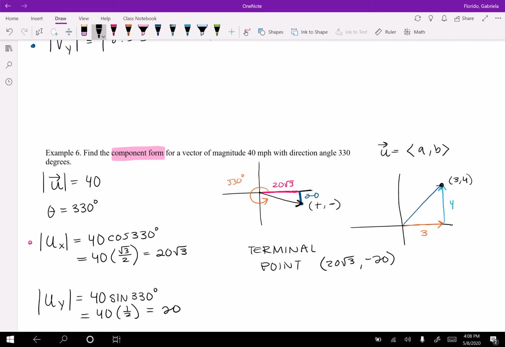And the way that we format that we're talking about a vector, not a point, is we add those little fancy brackets.